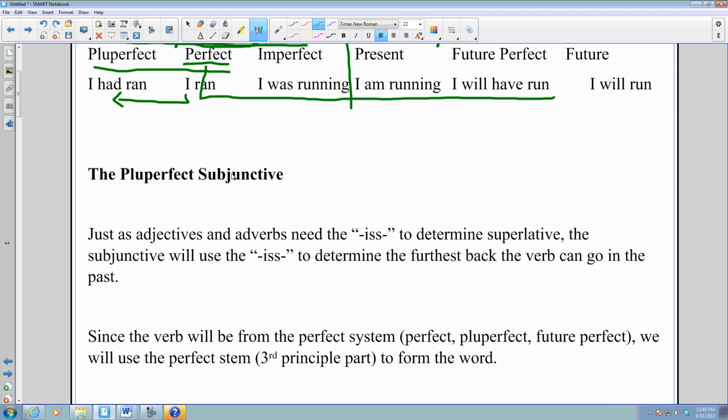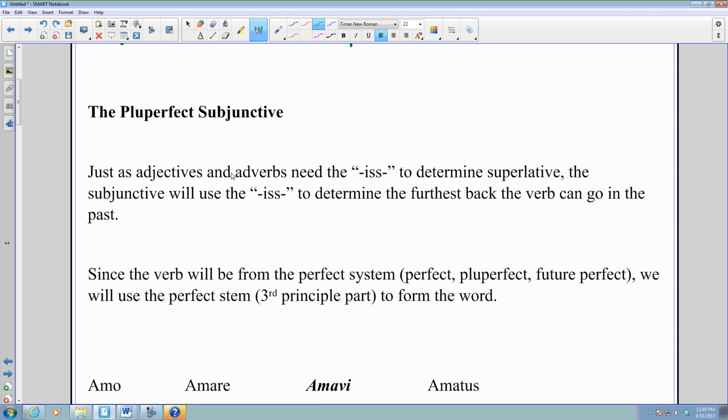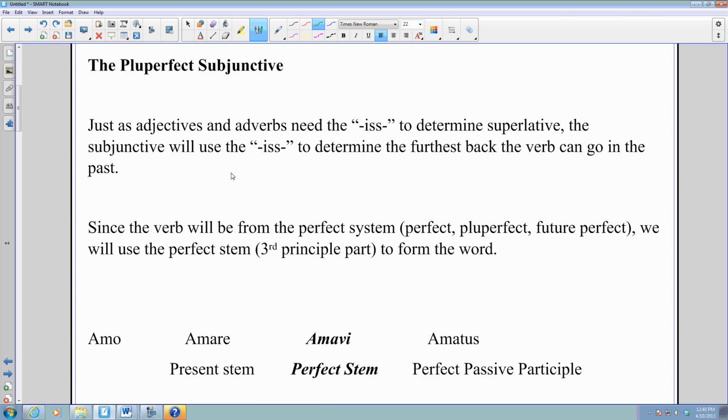Forming the pluperfect subjunctive. I'm going to give you the long way, and then the short way. The long way is explaining exactly how it gets to the pluperfect subjunctive. The short way is just a shortcut to help you remember. If you remember when we had adjectives and adverbs, we used the double S to make something superlative.